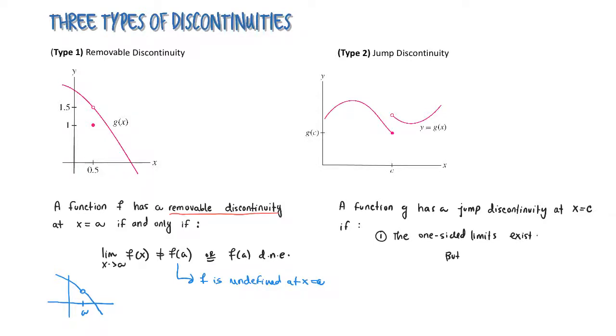But number two, they are unequal. In other words, what this is saying is that the limit as x approaches c from the left of g of x exists, and the limit as x approaches c from the right also exists, but they happen to be different. So in a case like this, we claim that the function g will have a jump discontinuity at x equals c.